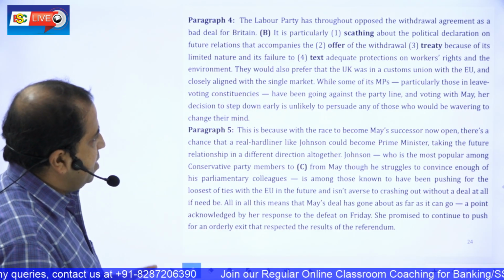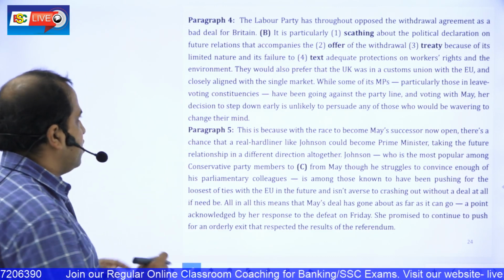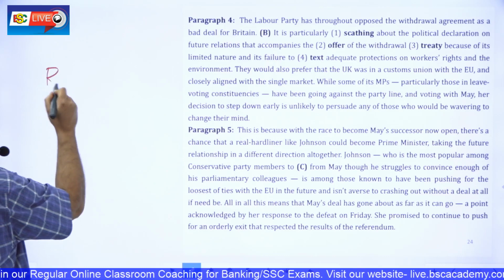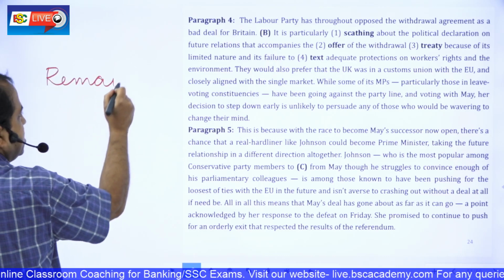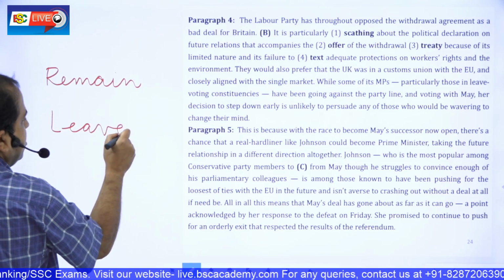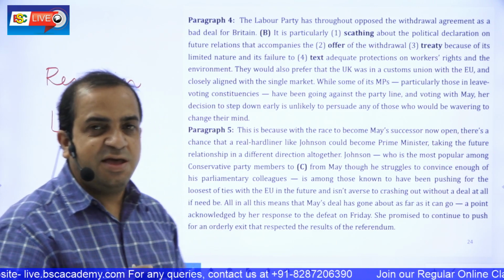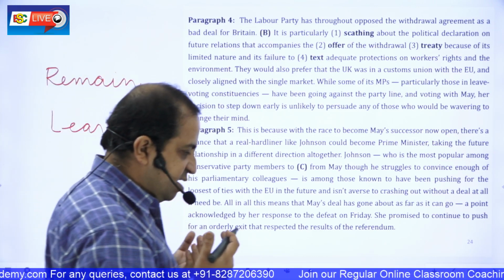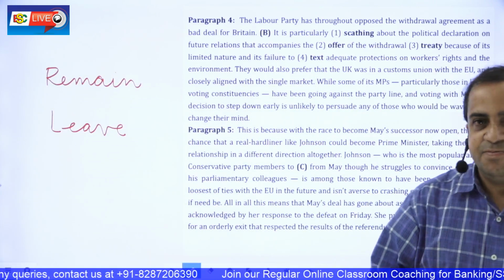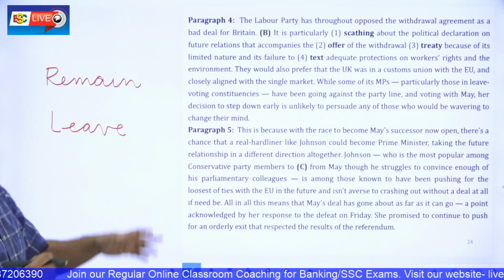While some of its MPs, particularly in those in leave voting constituencies, ये leave और remain ये दो word पे ध्यान देना है. When we talk about Brexit, now these two words are very important. एक धड़ा है remain. There is a thinking. Now these two represent the streams of thinking, we can say.